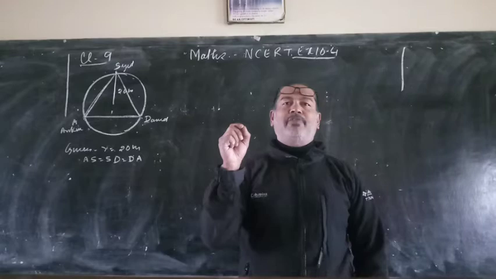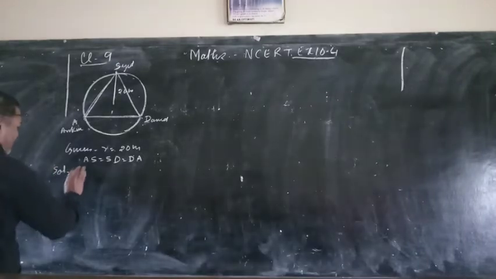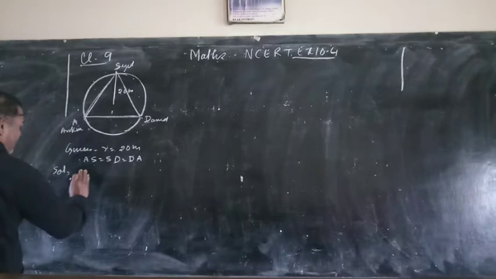We have to mention that the center of the circumscribed circle of an equilateral triangle is the centroid of the triangle. Okay. And what is a centroid? Can anyone tell me what is a centroid?